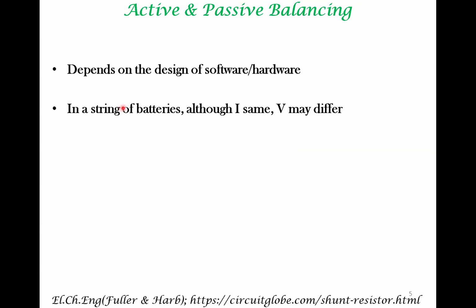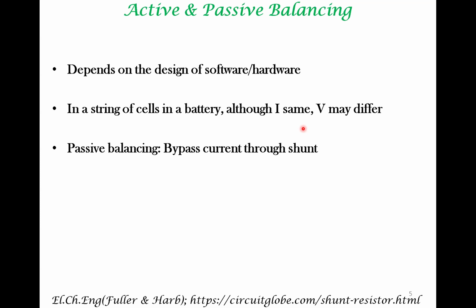If you have a string of batteries, or string of cells rather, when cells are in series within a battery, although the same current passes through all the cells that are in series, the voltage of each of the cells may differ. So in passive balancing, what you try to do is that when the current is passed amongst the cells that are in series, you bypass some part of the current through a shunt.